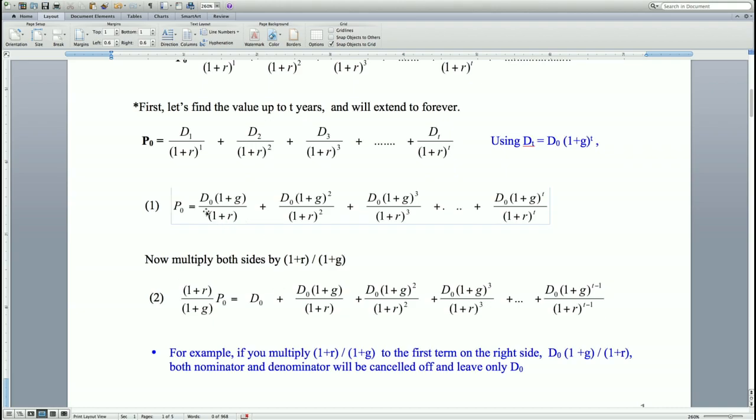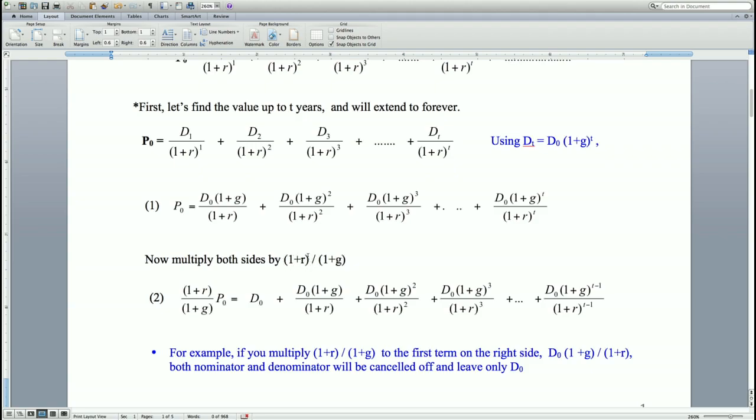So look at the first term, d0, 1 plus g over 1 plus r. If we multiply by 1 plus r over 1 plus g, here we have denominator 1 plus r, and we multiply by 1 plus r over 1 plus g.